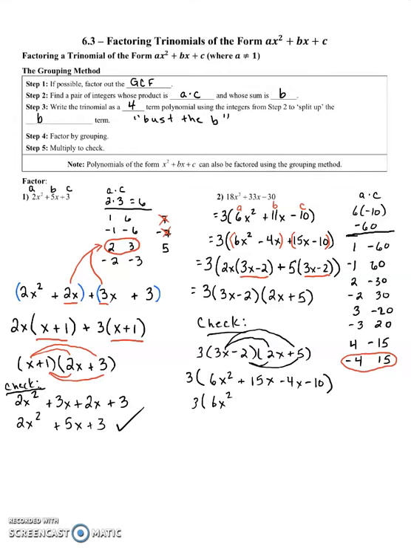So we have 6x squared plus 11x minus 10. And lastly, we distribute the 3 through. That gives us 18x squared plus 33x minus 30, which is what we started with at the very top. So that checks out. That's the end of the first part of this video. We will pick up again in a second part of the video.